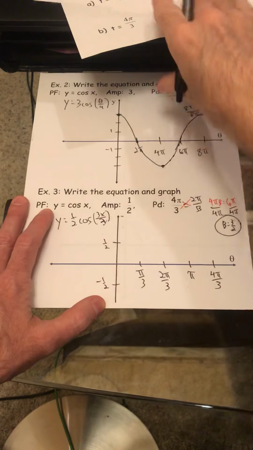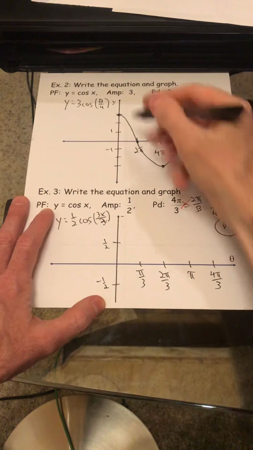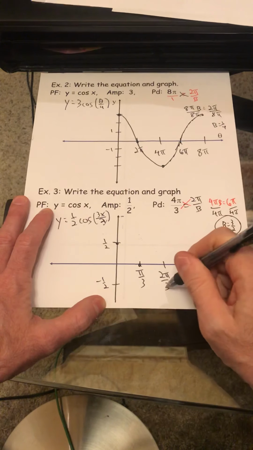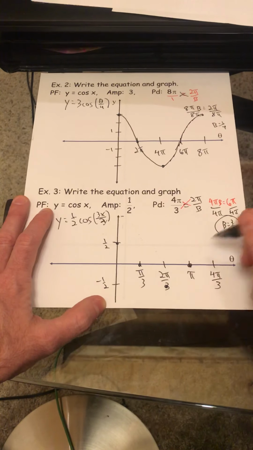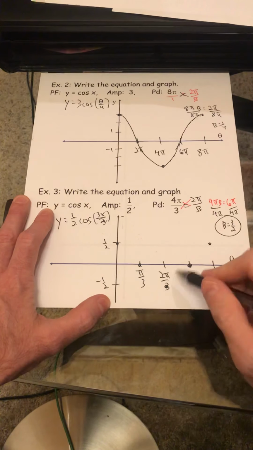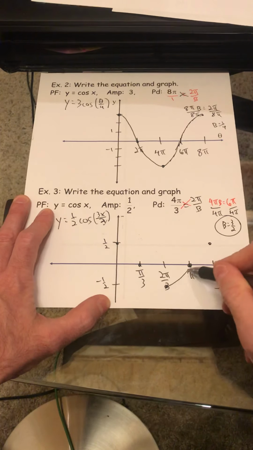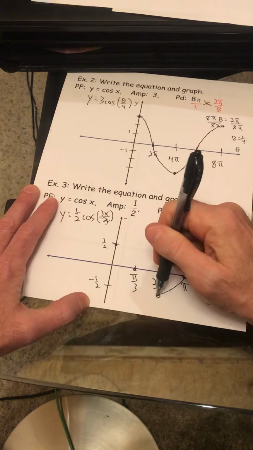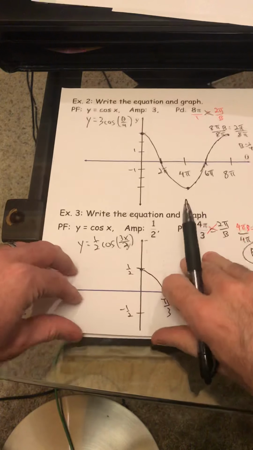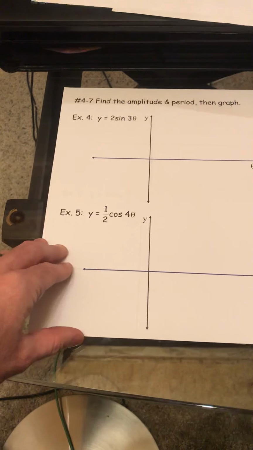So again, cosine, just like the one up above, starts at a max. Next critical point's a 0, then a minimum, a 0, and then we finish at a max. All right, so there are a couple of examples.